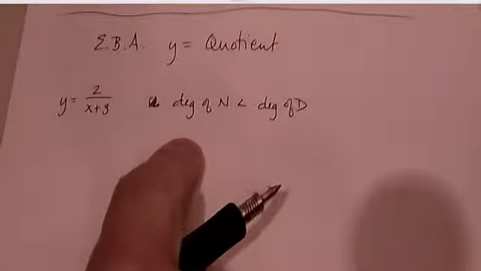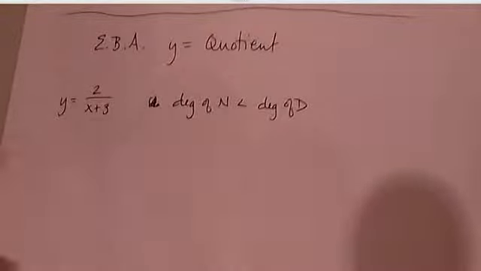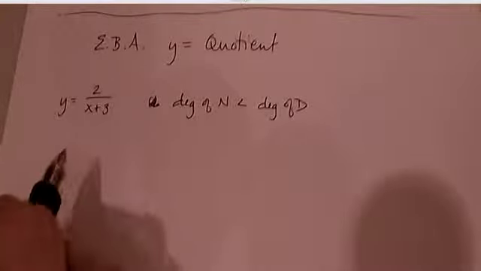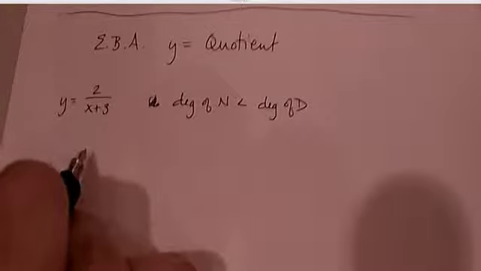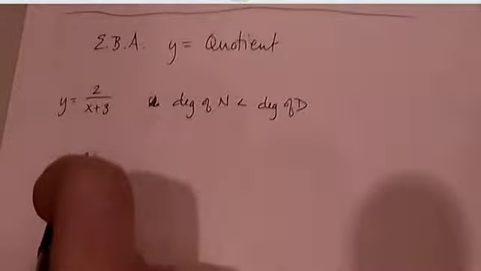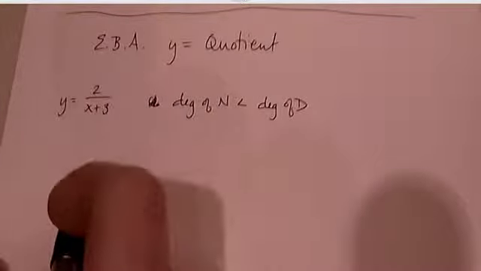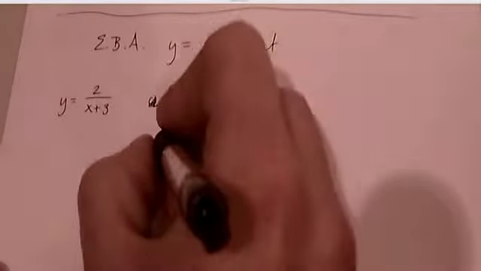And when that is the case, just like the fraction 2/3, if I say how many times does 3 go into 2, well, it doesn't. 2/3 times, I guess. It just doesn't go in, right? So when I say how many times does x plus 3 go into 2, you don't actually have to take the quotient to know that x plus 3 doesn't go into 2. And therefore, the end behavior asymptote is y is equal to 0.